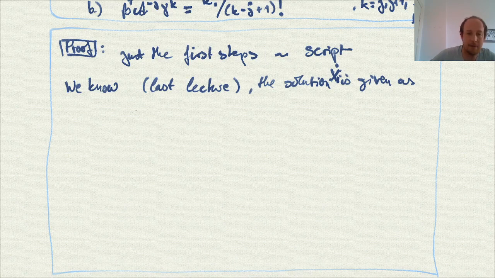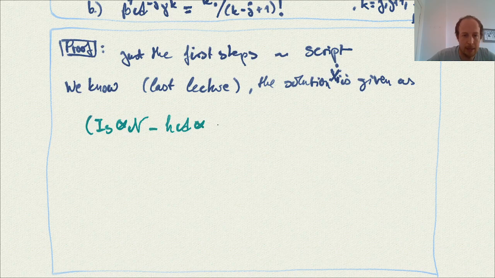And in this case, it is given by I_s Kronecker I_n minus h A Kronecker I_nu times xi.